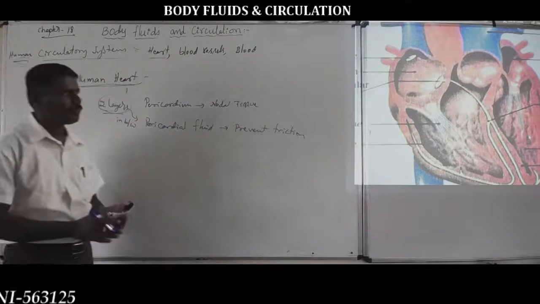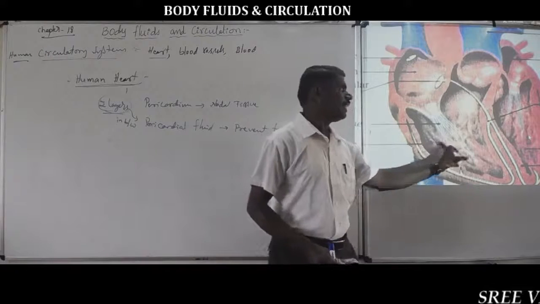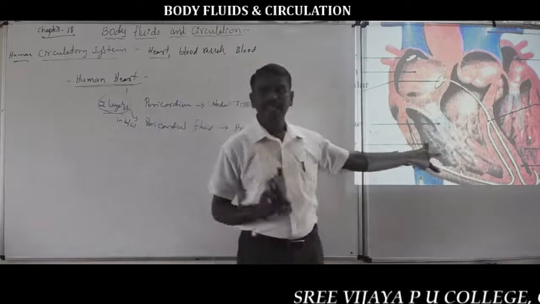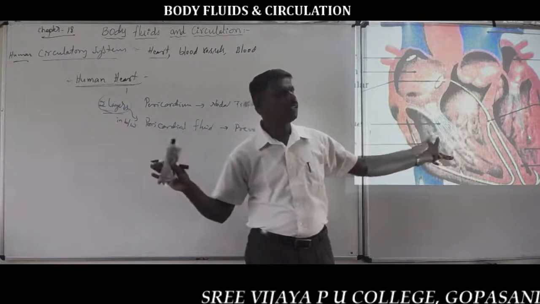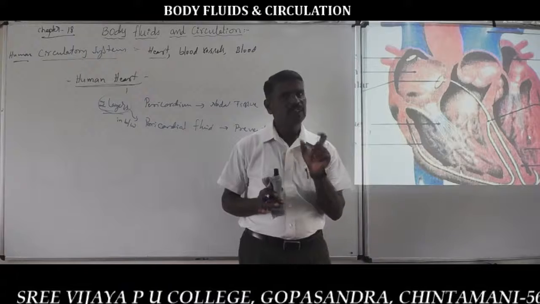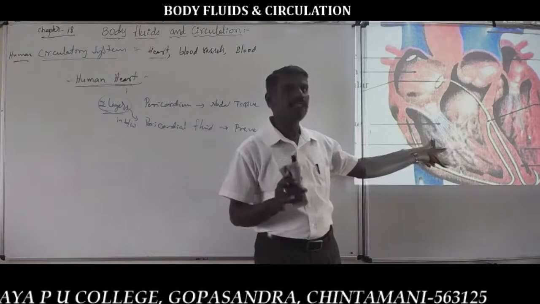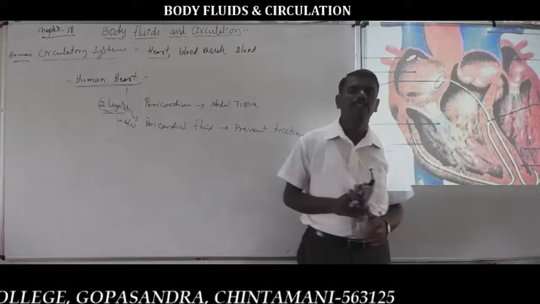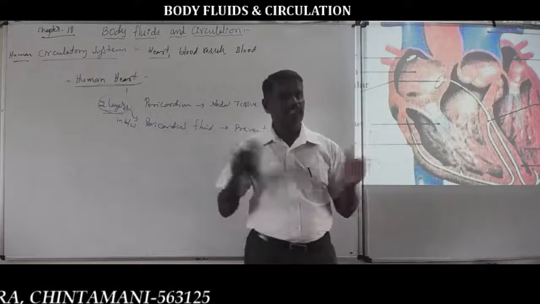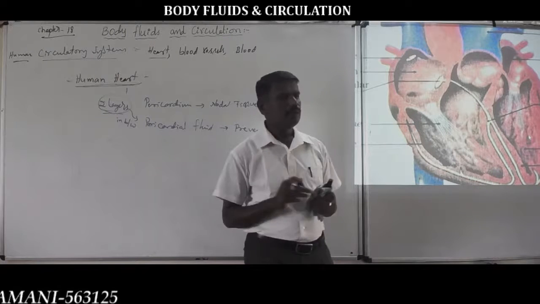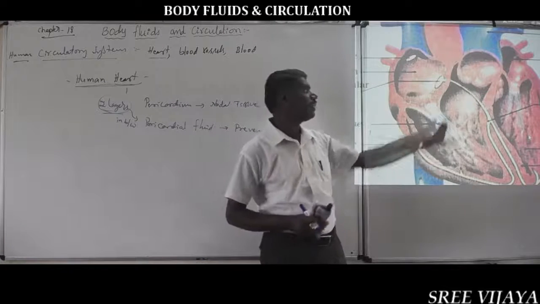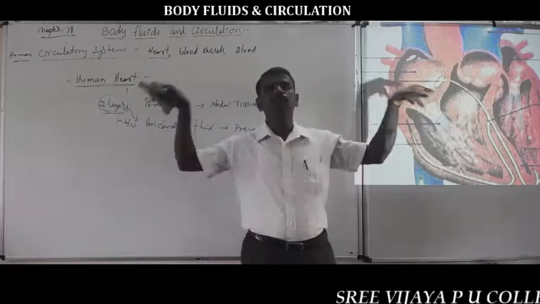Even the walls of the right ventricle and left ventricle are different. The walls of the right ventricle are thinner than the left one. The walls of the left ventricle are a little bit thicker than the right one, because the right ventricle pumps the blood only towards the lungs.